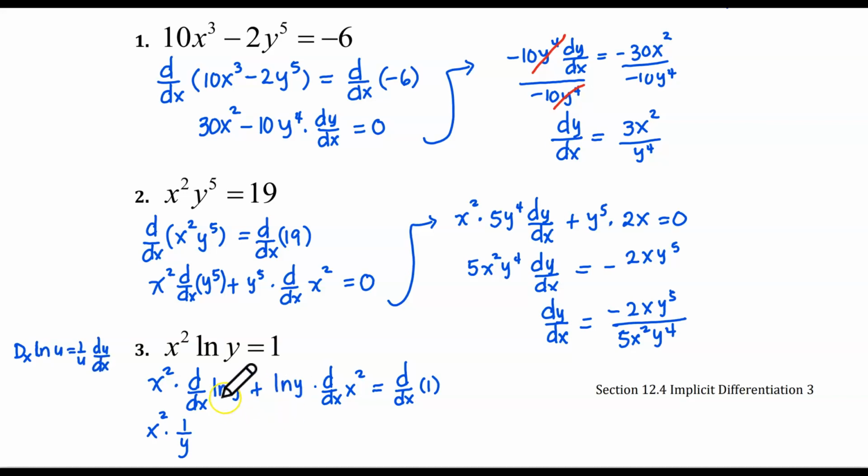So therefore we have 1 over y dy/dx plus ln y times the derivative of x squared, which is 2x, is equal to 0. And then we transpose this on the other side of the equation and solve for dy/dx.